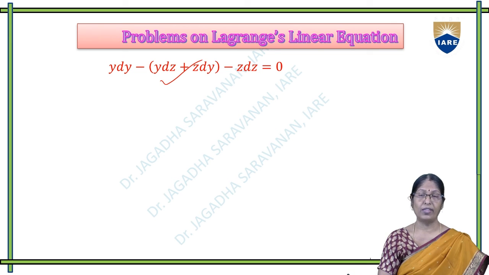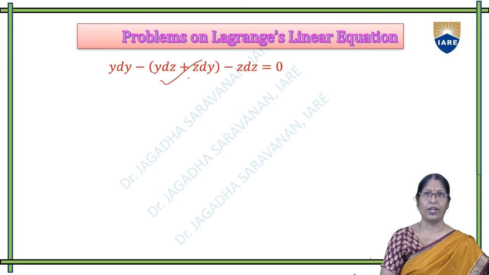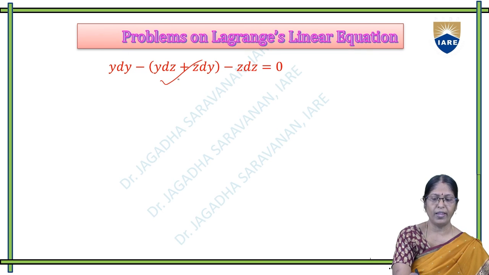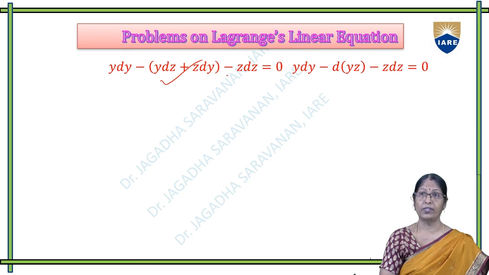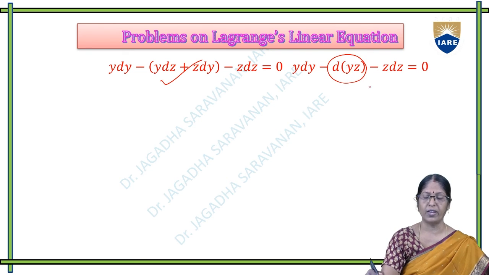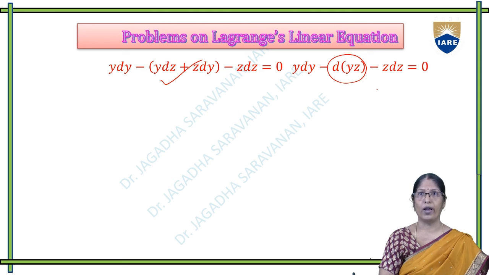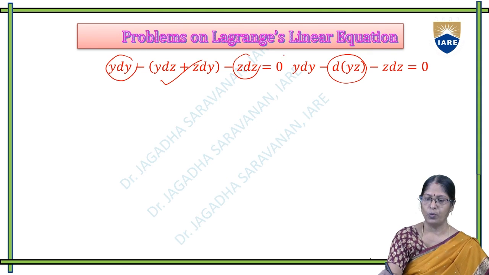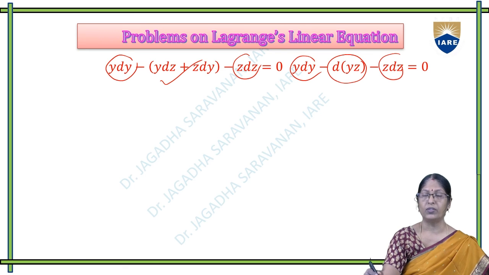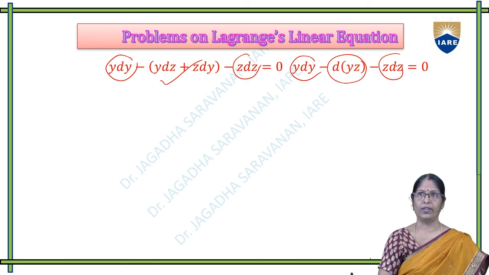For that, we have done this work, that is y dz plus z dy. We can write it in a simple form, the derivative of yz. What I'm circling, we didn't bring any changes, just written as it is. Now our integration is very easy.